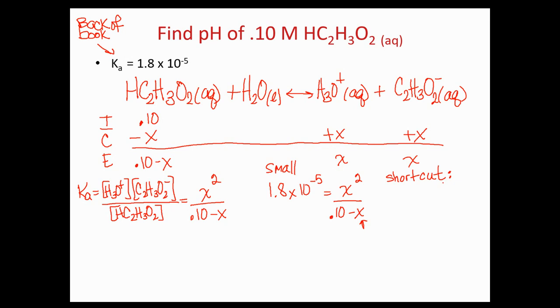Give me a second to grab my calculator. Okay, we're going to take the concentration of the weak acid divided by the Ka. And if that ratio is greater than 400, we will not need quadratic. So let's run that through for this one.